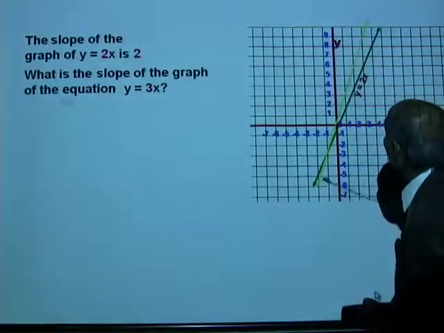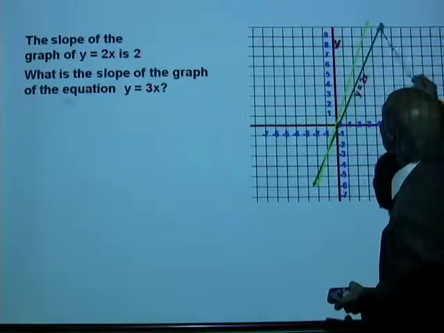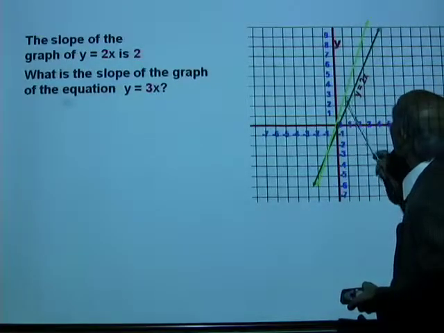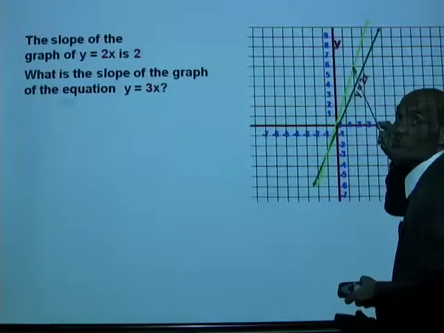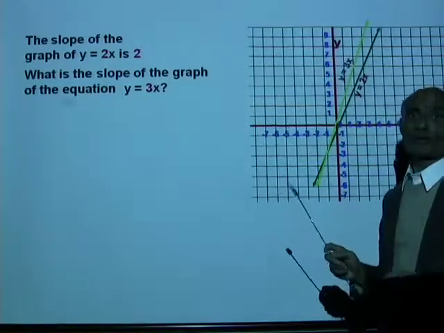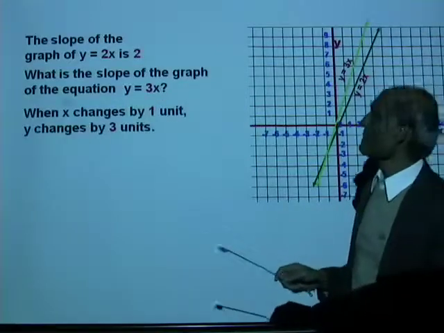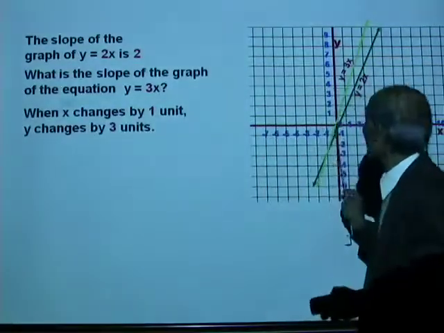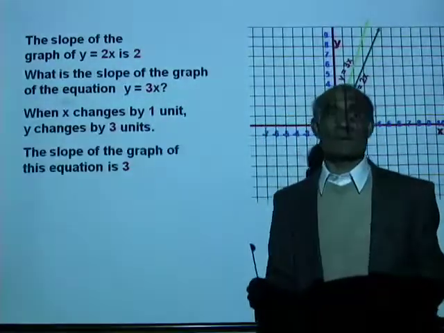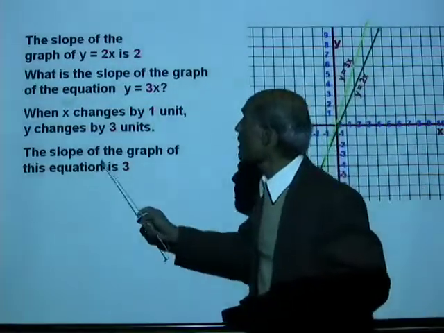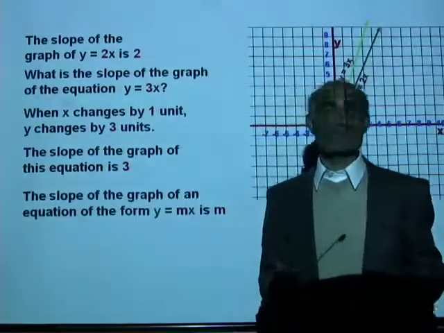So the graph of y equal to 3x will be that way. When x equal to 1, y equal to 3. X equal to 2, y equal to 6, and so on. So when x changes by 1 unit, y changes by 3 units. The slope of this graph is 3.